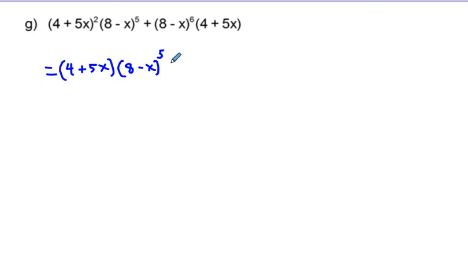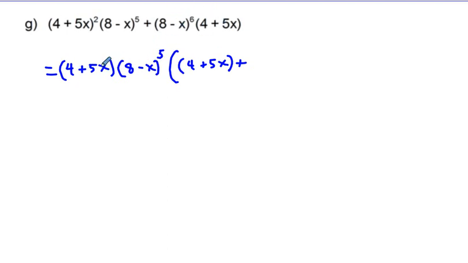And so we're going to multiply this by, okay, what do we multiply this by to get this here? Well, we want to get 4 plus 5x squared. We have 4 plus 5x. We're just simply going to have 4 plus 5x. And then what do we multiply this by to get this over here?